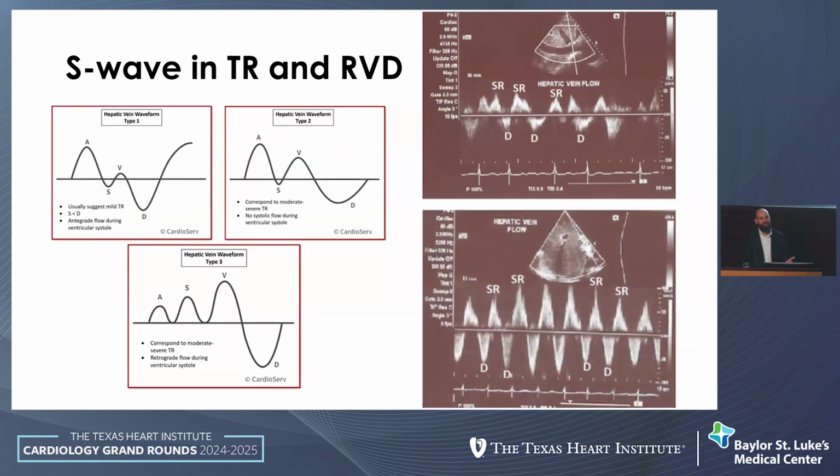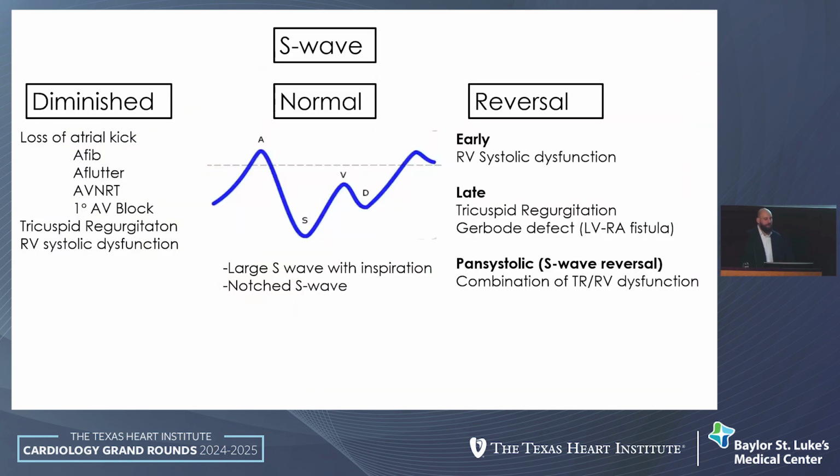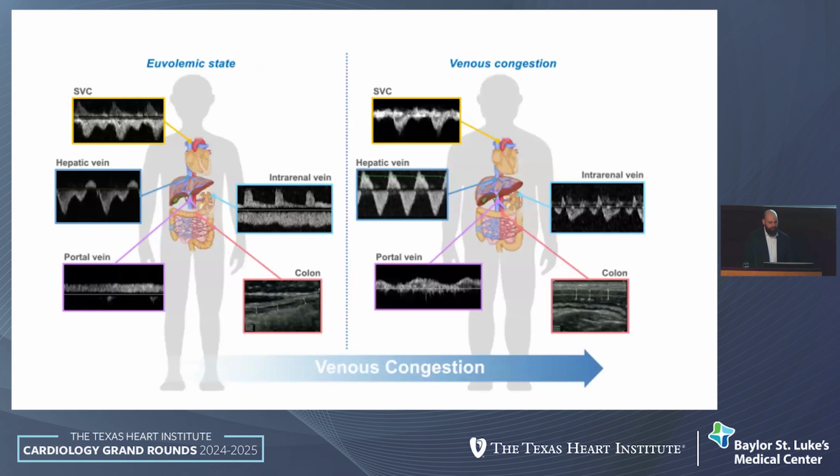And this is really bad. This is DEFCON 5. This is someone with a poor RV who needs volume removal, who needs RV inotropic support, sometimes even mechanical support. And again, we start to see that it's not a simple VEXUS scoring system, it's a complete understanding of physiology and understanding the differential with the changes in flow patterns in your S wave. So now we start to create an understanding, a new paradigm shift.